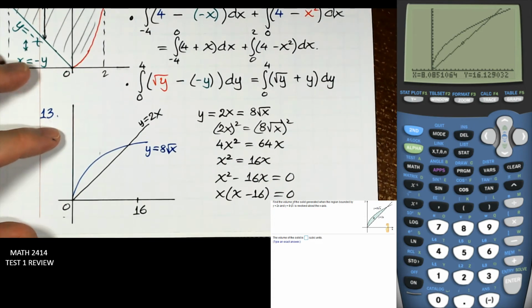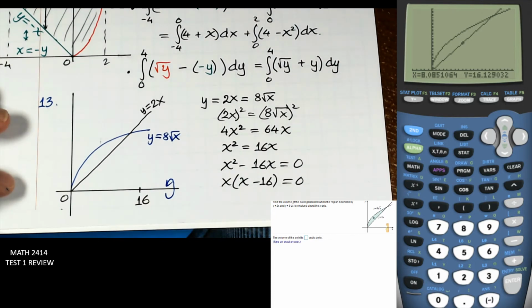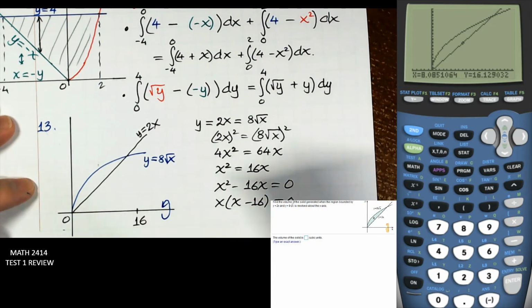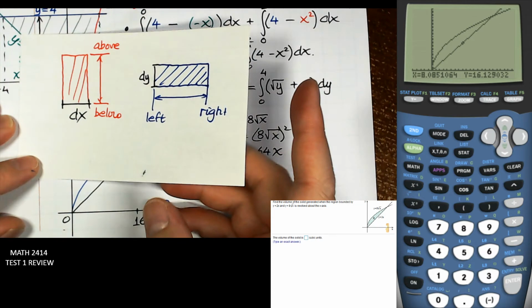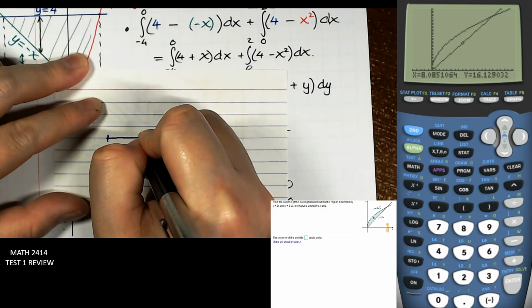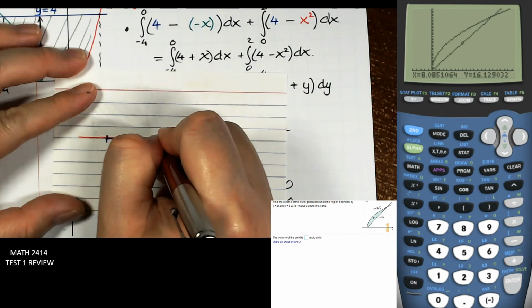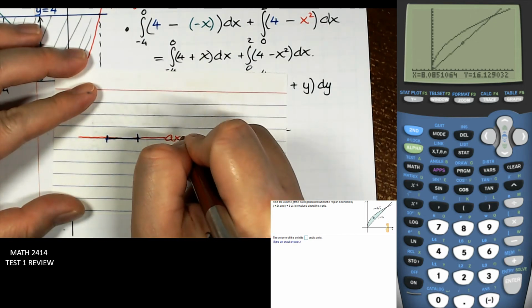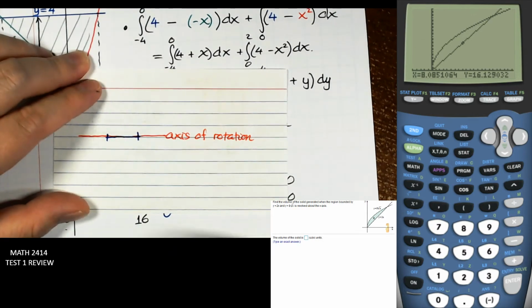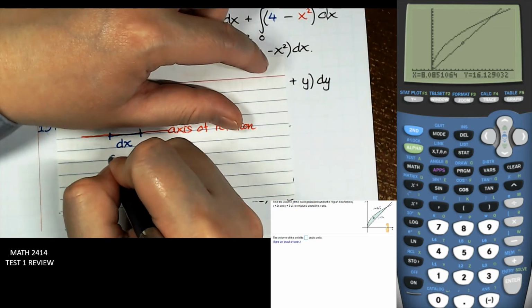So we have that. Now this one rotates about the x-axis. So this is for the area. Now if we rotate about the x-axis, and if we use dx, that is going to be the disc washer.